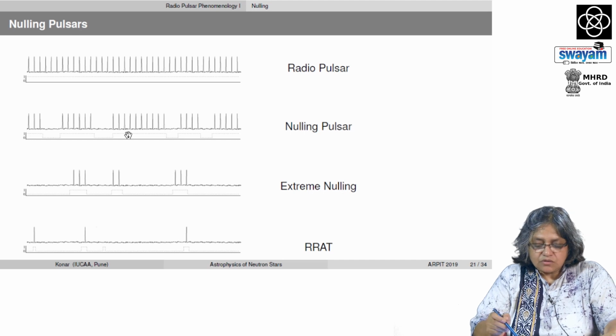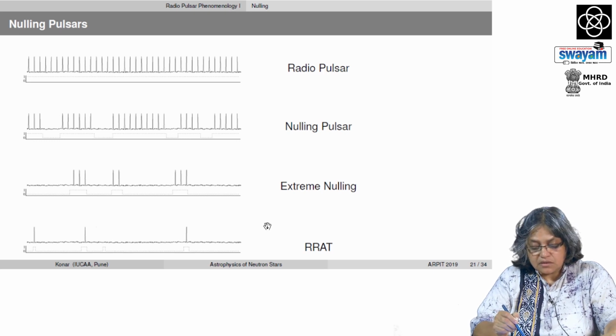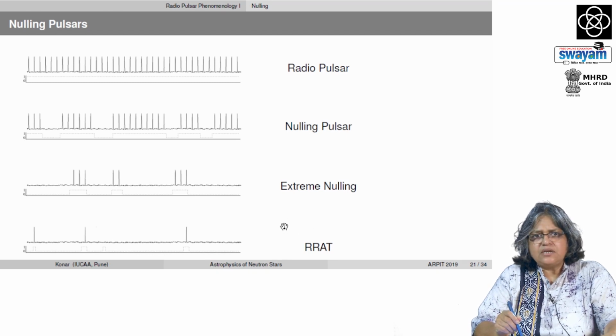Now, an extreme case of nulling pulsars are called the extreme nullers, where they only appear every now and then in regular pulses. Most of the time we do not see them at all. And an even more extreme case, where one really does not know whether these objects are connected to the top two, are called RRATs, rotating radio transients, which are seen in sporadic single pulses.